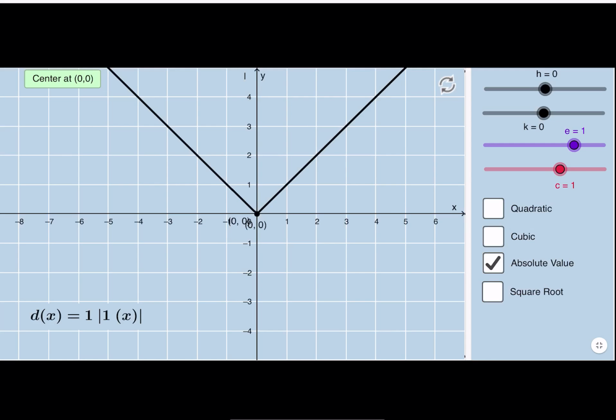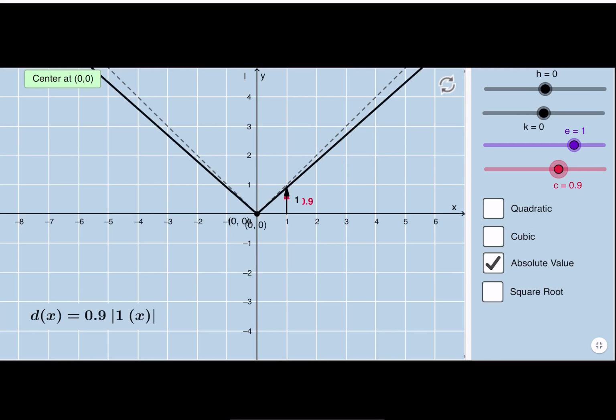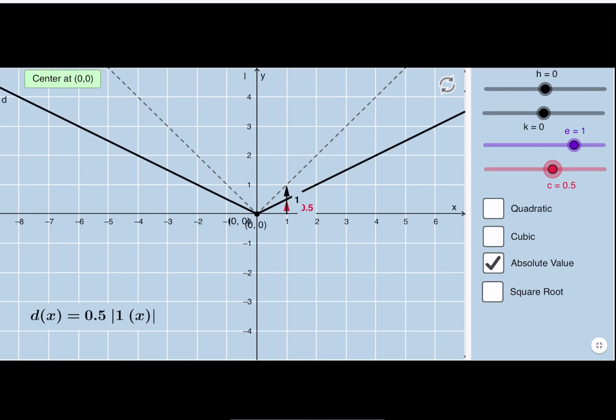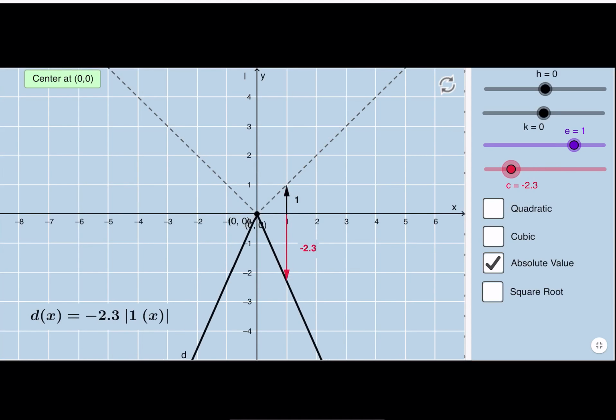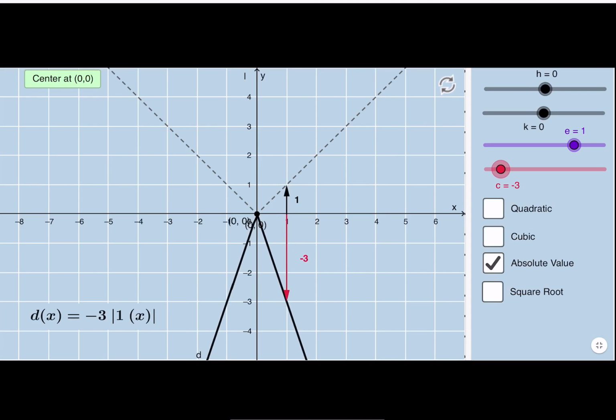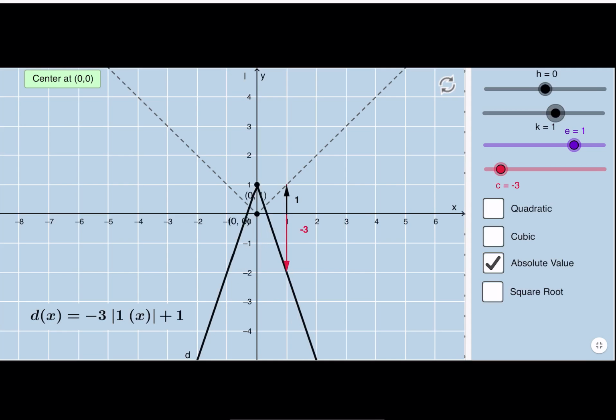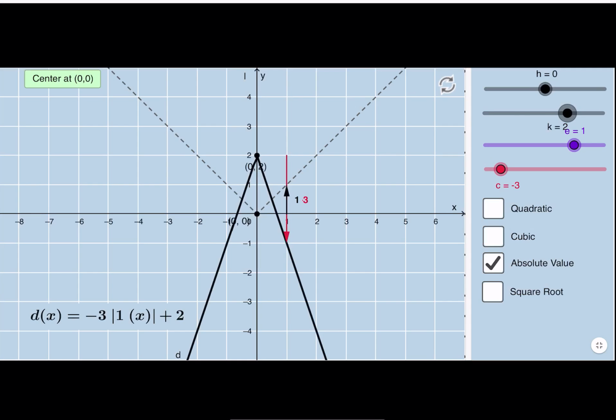Now we would like to look at negative 3 times absolute value of x plus 2. It is vertically stretched, reflected, and then shifted up 2 units.